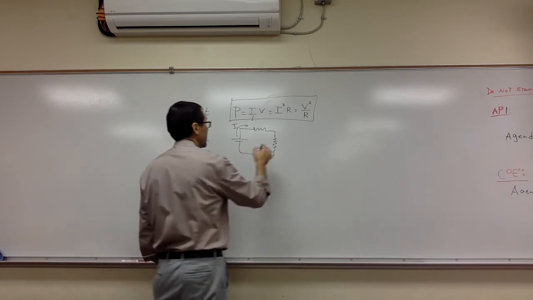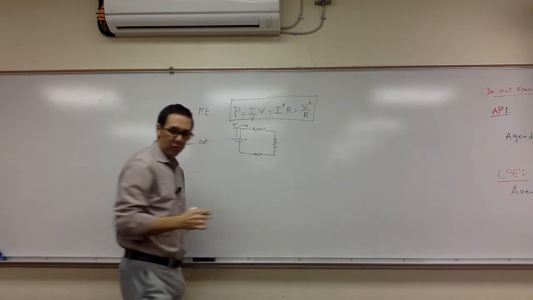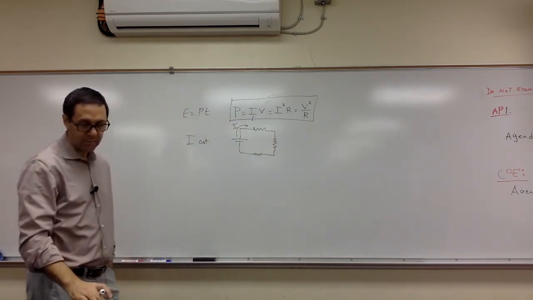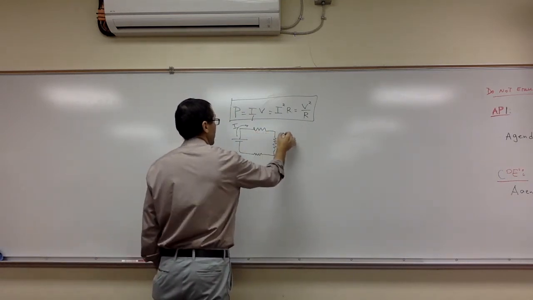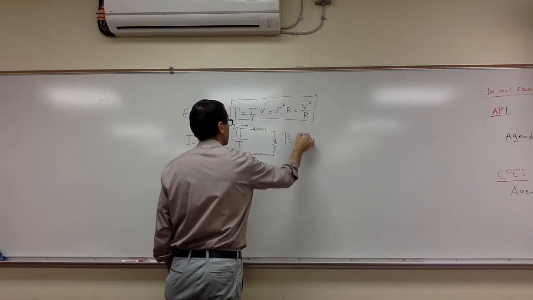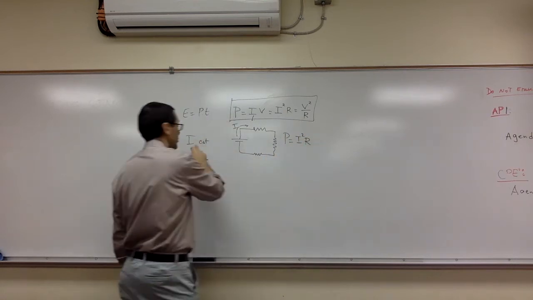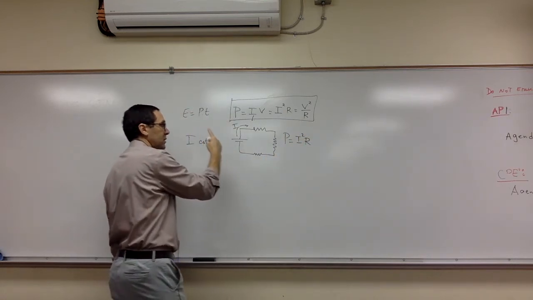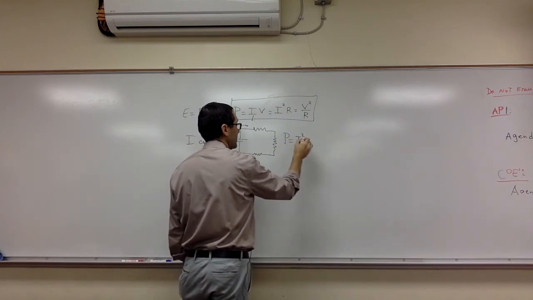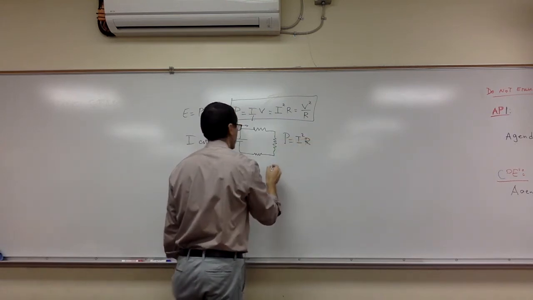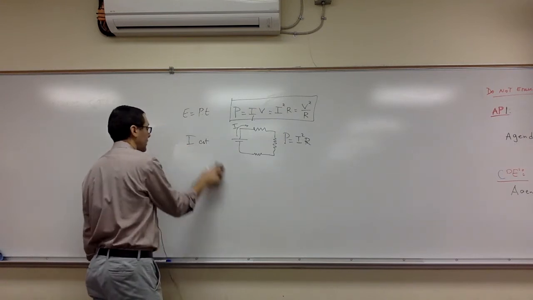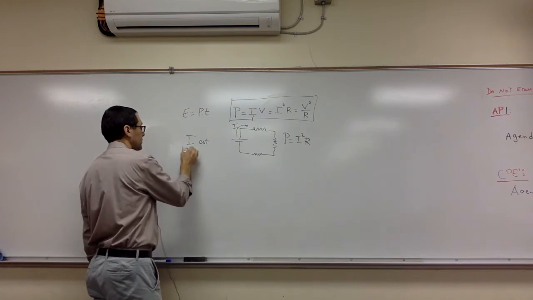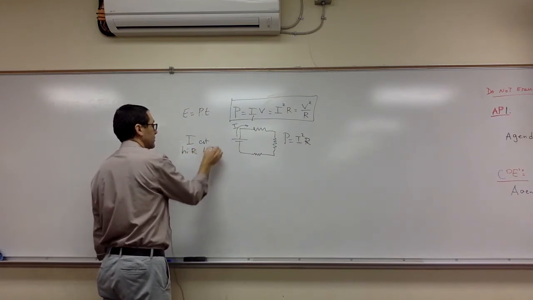So now, if these are light bulbs, let's see which one is going to be brighter. So power is I squared times R. See how I went after what's constant? This way I don't have to worry about it. So the one that's going to be brighter is the one that's going to have more resistance. So high R means brighter.